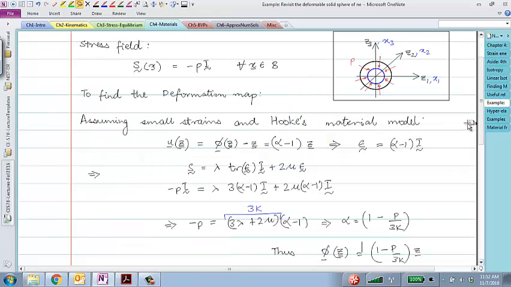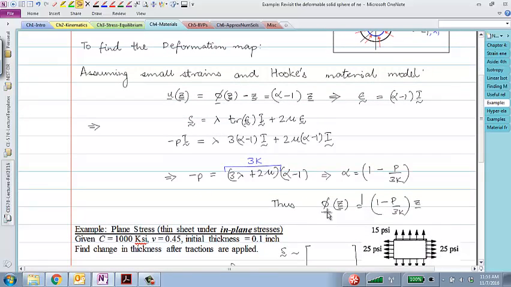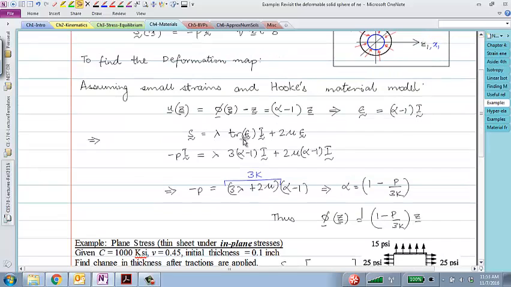But what we have done here is solve a structural mechanics problem for a finite sized body, and what allowed us to solve it was that the stress and strain were uniform. They were the same at every point. So given this body, given the state of applied tractions as hydrostatic pressure, we were able to find the map by which the body would deform, because we know the material, and we assume that the material would behave with Hooke's model. So this is the simplest example of a structural mechanics problem.